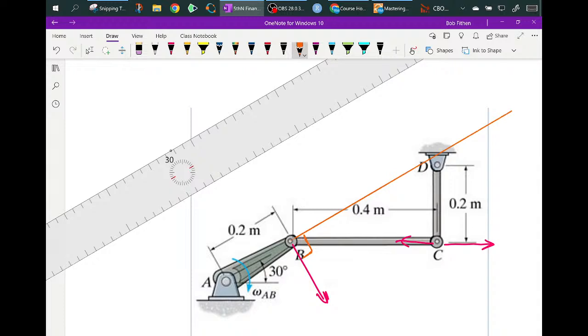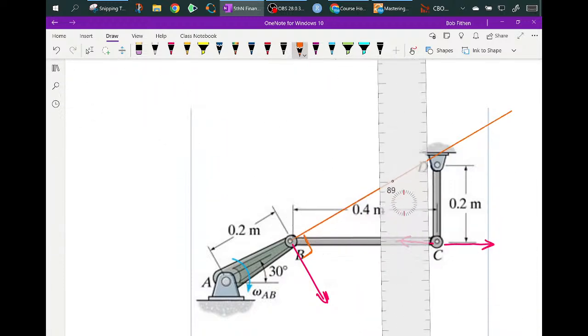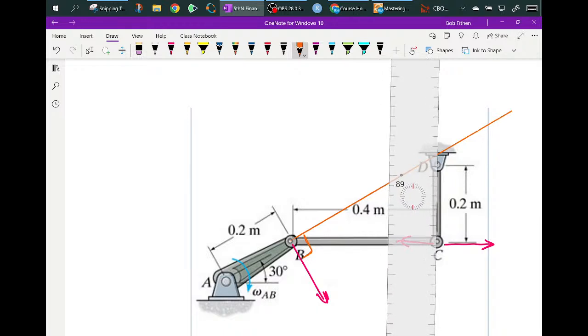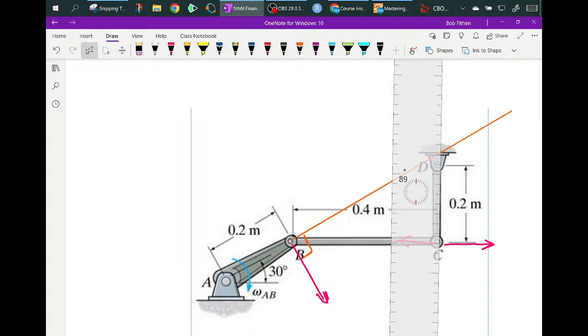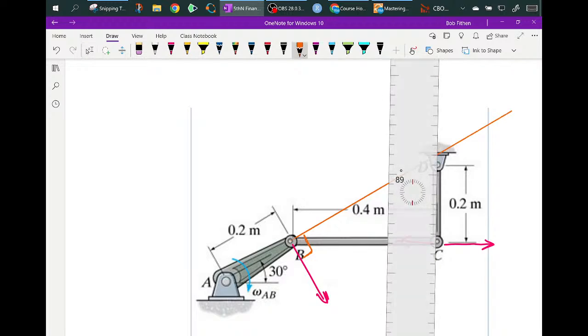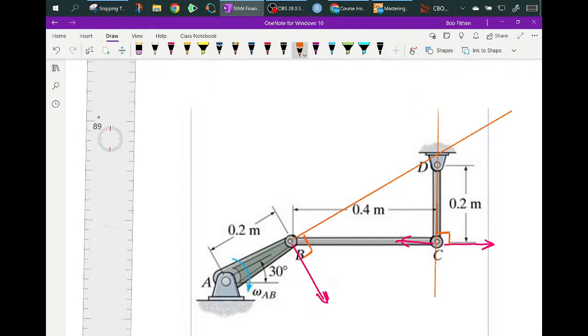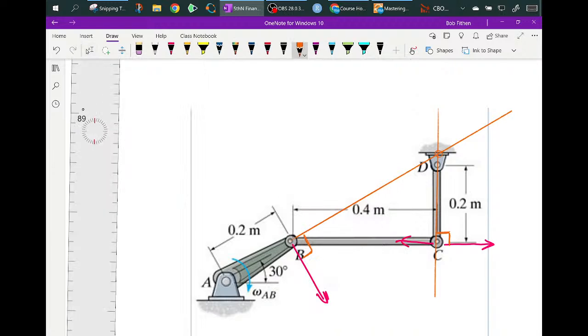Okay, here's my perpendicular to the other. And this, in fact, is my instant center.